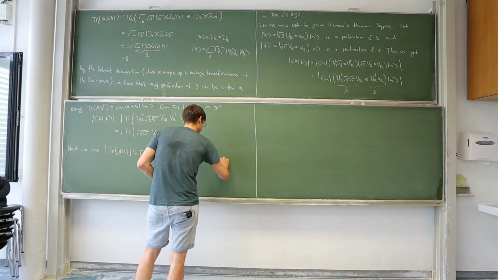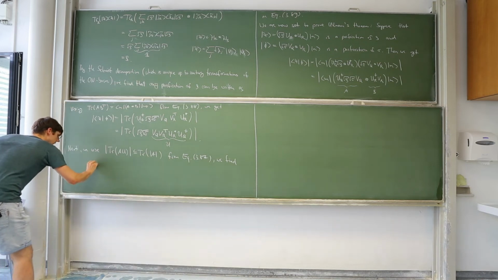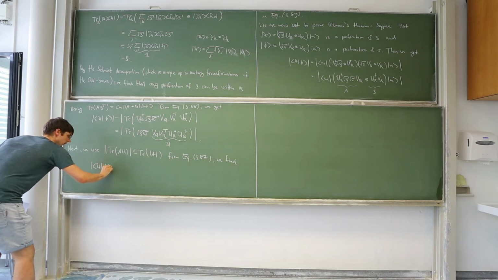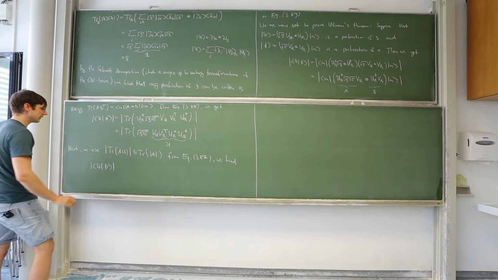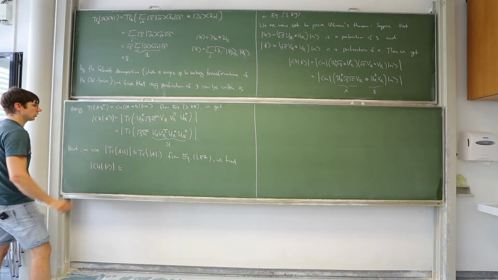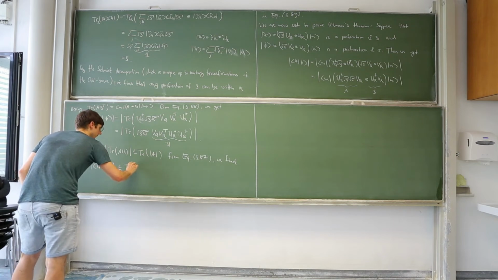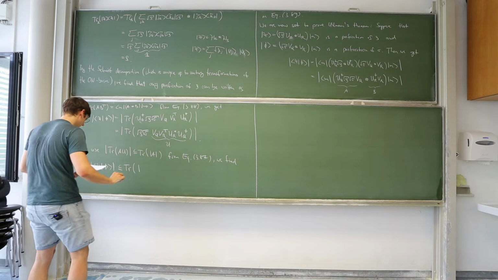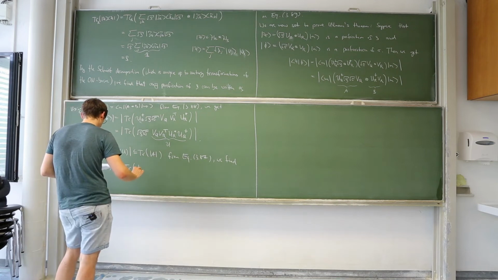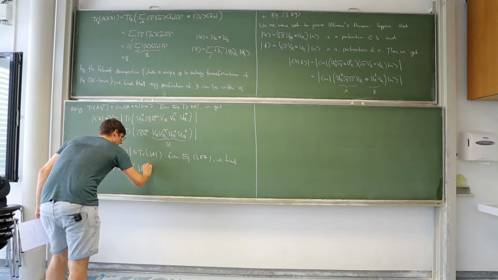We find that the modulus of the inner product of phi and psi is smaller or equal to the trace of the modulus of square root of rho square root of sigma.